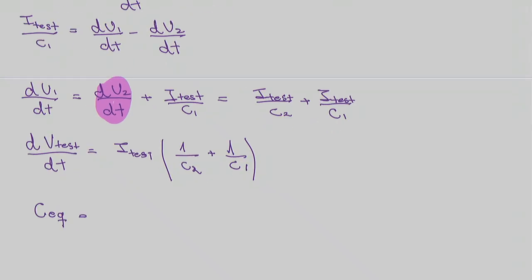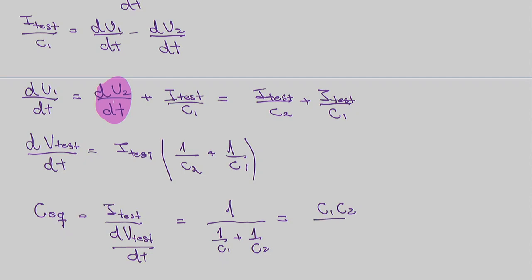The equivalent capacitor for our methodology here is ITest over dVTest dt, which if you rewrite is going to be equal to 1 over (1 over C1 plus 1 over C2), which gives us a parallel operator: C1 C2 over C1 plus C2, which is C1 parallel C2 for short. Wow.